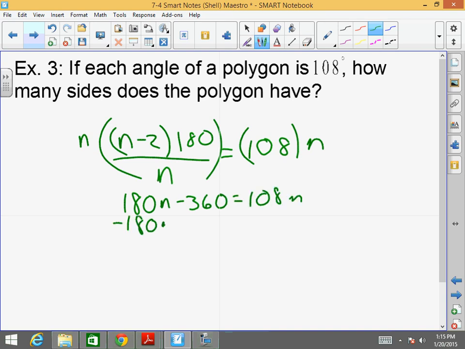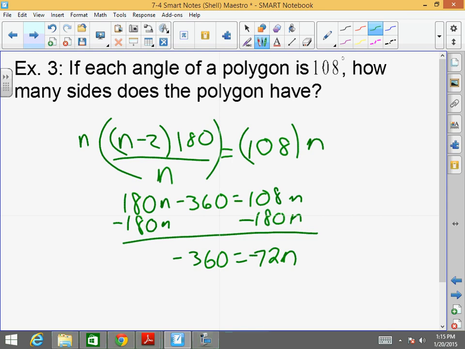Subtract 180n from both sides. Negative 360 equals, what is that? Negative 72n. So I divide by negative 72 on both sides, and it should be a pentagon.